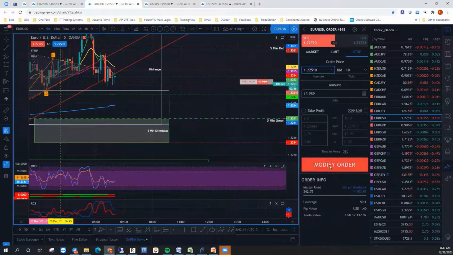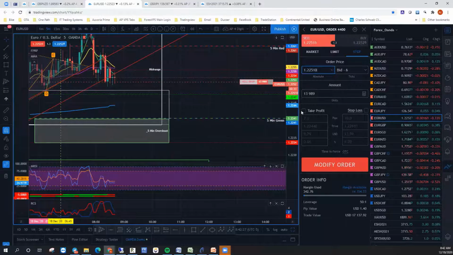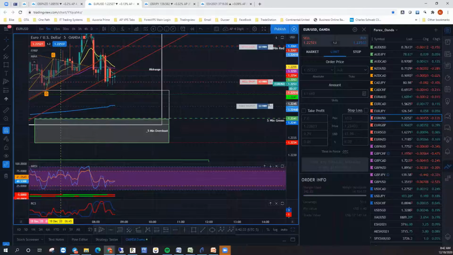Down just a little bit. And my target's going to be, modify, 7 pips, 10 pips. My target's the blue line.